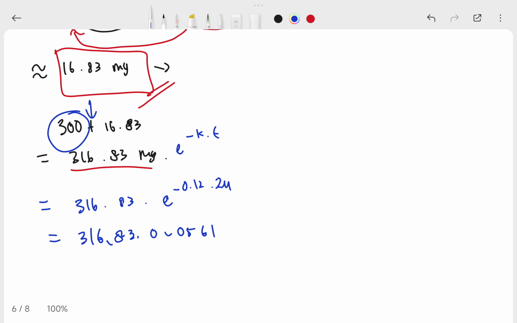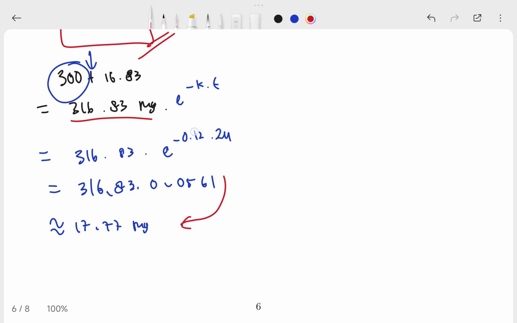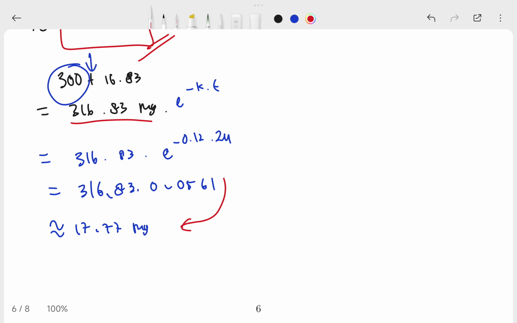The result of this is close to 17.77 milligrams. I'm using a calculator for this because it is too hard to count by hand and to maximize my time. If you calculate this, you will get this.